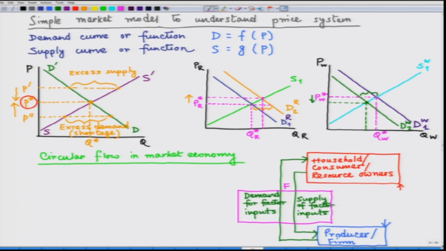So, this pink box you can call the factor market. So, there will be a flow of factor earning from the producer box to the household box, and this is called factor earnings or income.